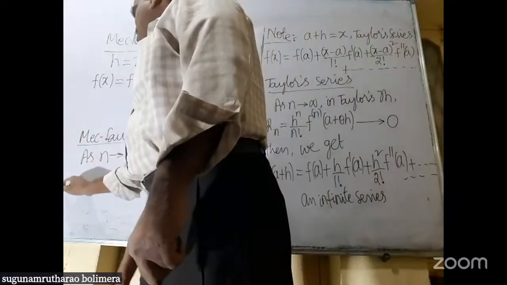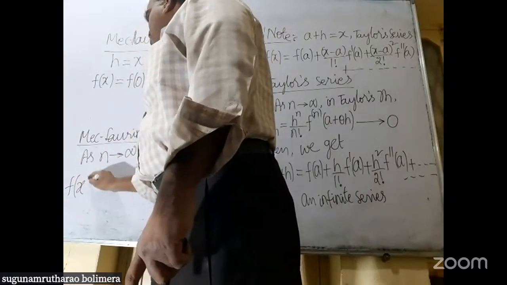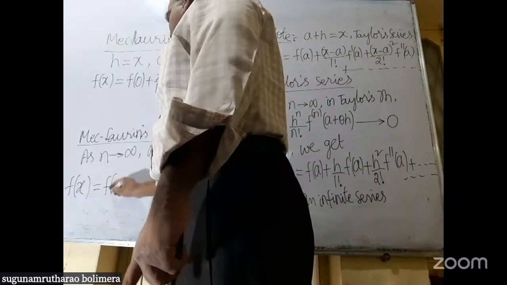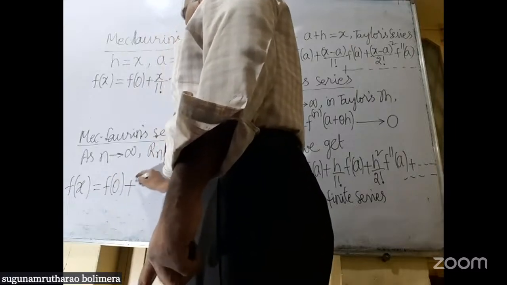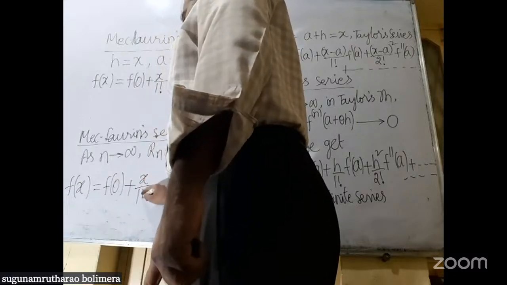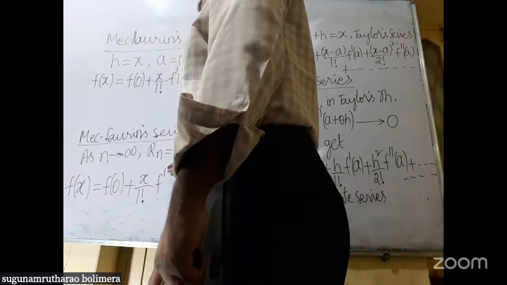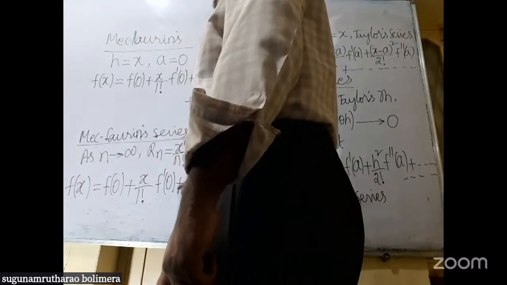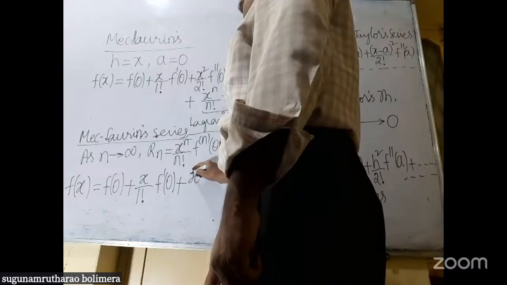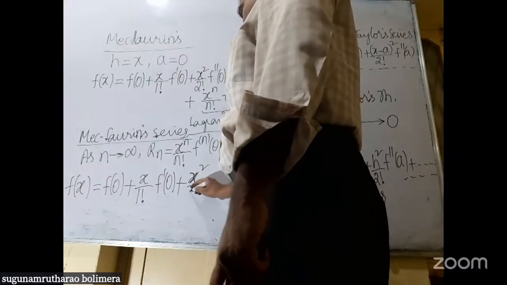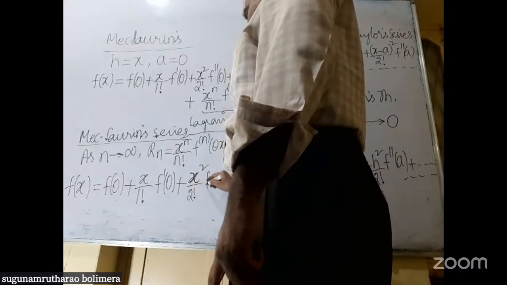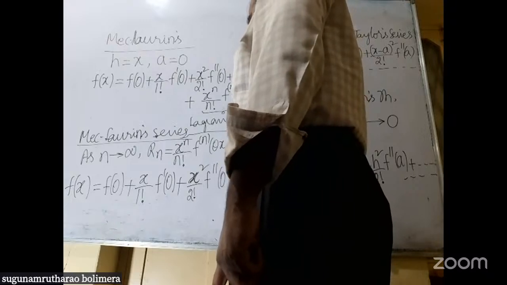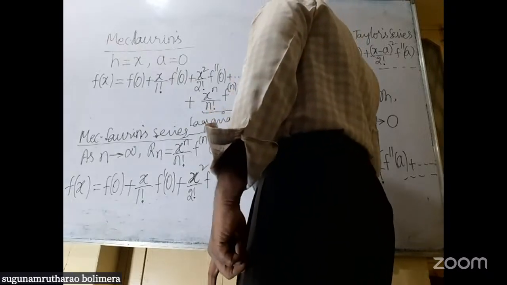So what is Maclaurin series? f of x equals f of 0 plus x by 1 factorial f dash of 0 plus x squared by 2 factorial f double dash of 0, and so on. That's it.